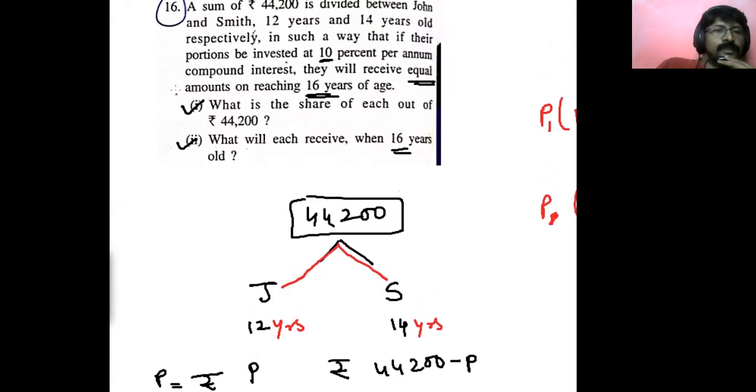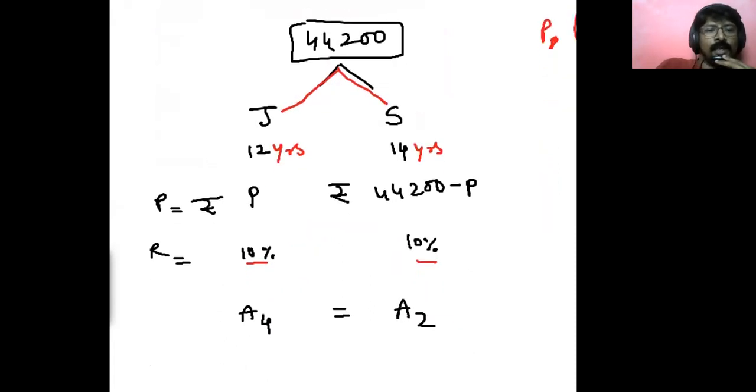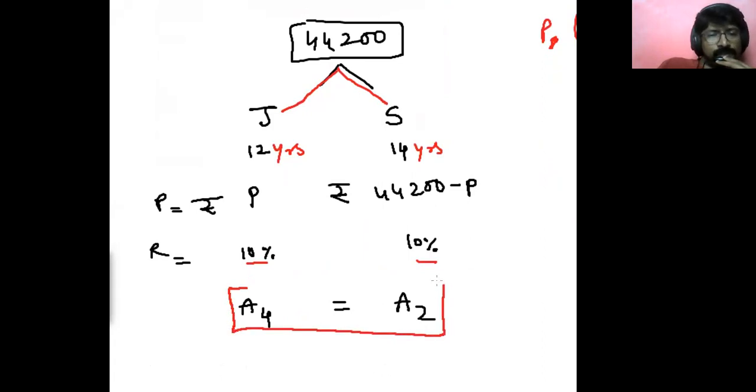They will receive equal amount on reaching 16 years of age. What is the share of each out of rupees 44,200, and what will each receive when they turn 16 years? So there are two questions. We'll see how to do that. Don't worry. Now, what is the condition given? When both become 16, they are going to get the same amount.